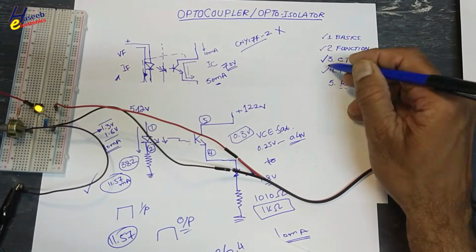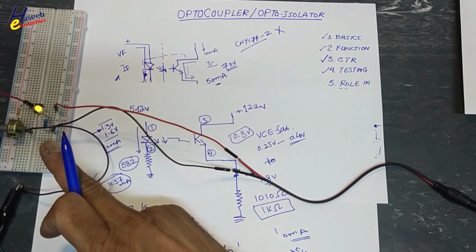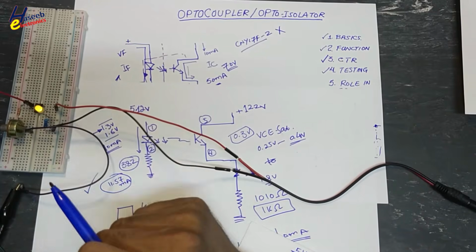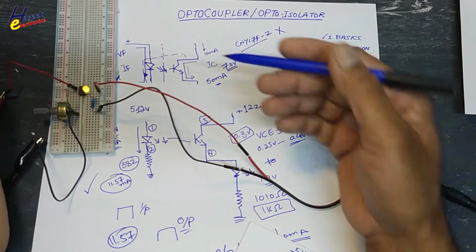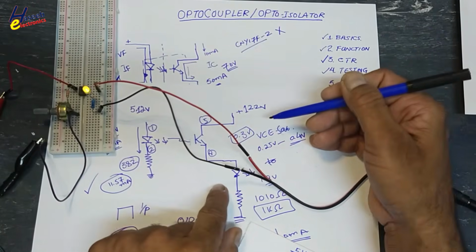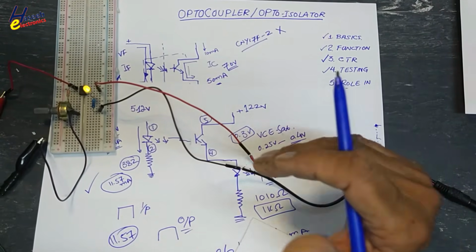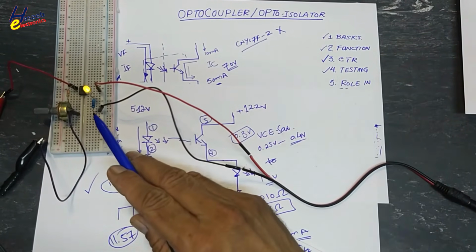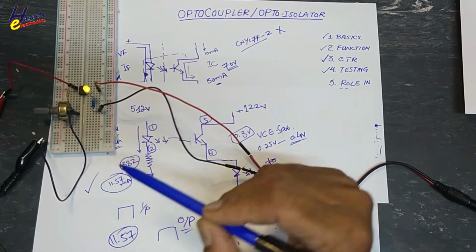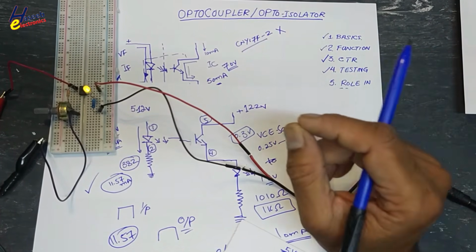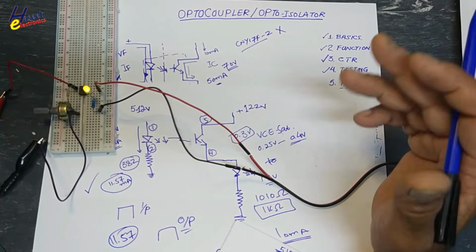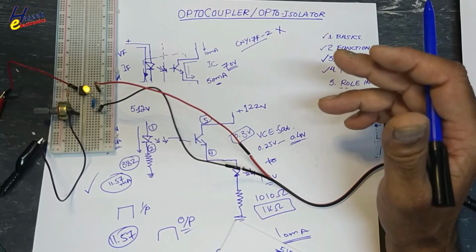Then how to test? The same combination will be used as a test circuit. We are controlling primary side, this side, and it is controlling output side. If we will connect any microampere meter or milliampere meter in the output side, we will measure the current. If we are feeding to any analog circuit, any error amplifier, that will adjust the output.